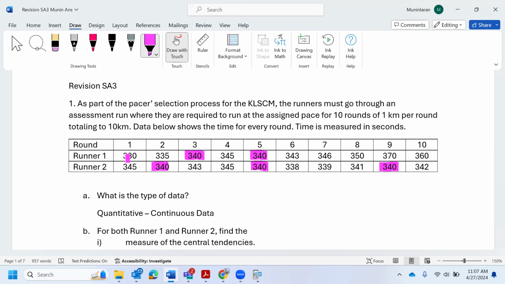Median is rather difficult for us to do manually because the data are not in order. The rounds are in order, round 1, round 2, and so on, but the data that we obtain are not in order. So the best thing for us to do here is to key the data into L1. Now here we have two sets of data.